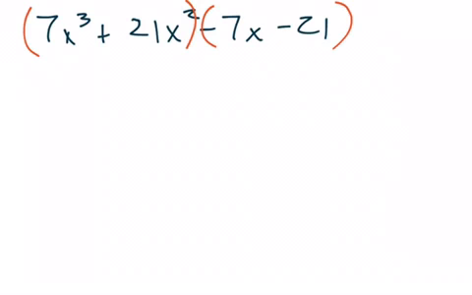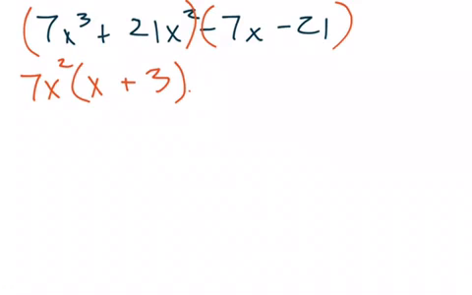So on this one, look at the first binomial, and then we are going to factor out a GCF, and that will be 7x. Oops, actually that should be 7x squared. Okay.